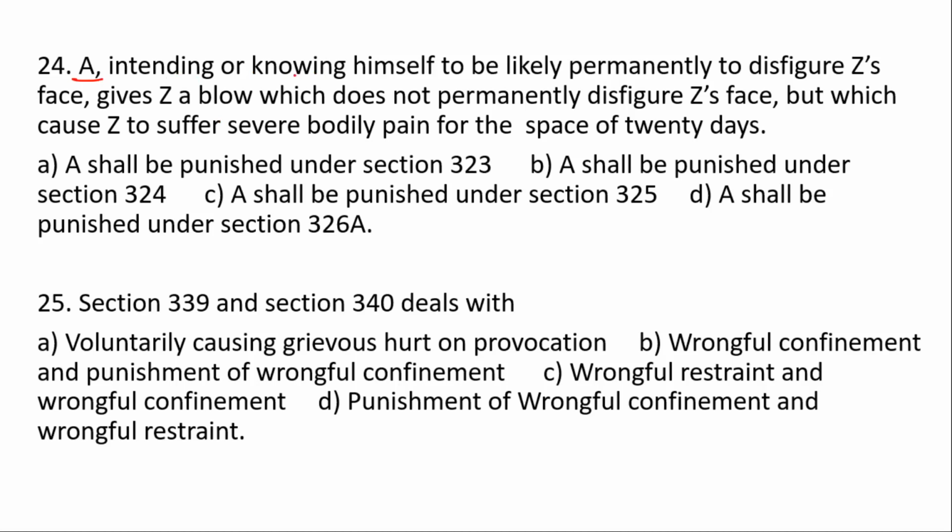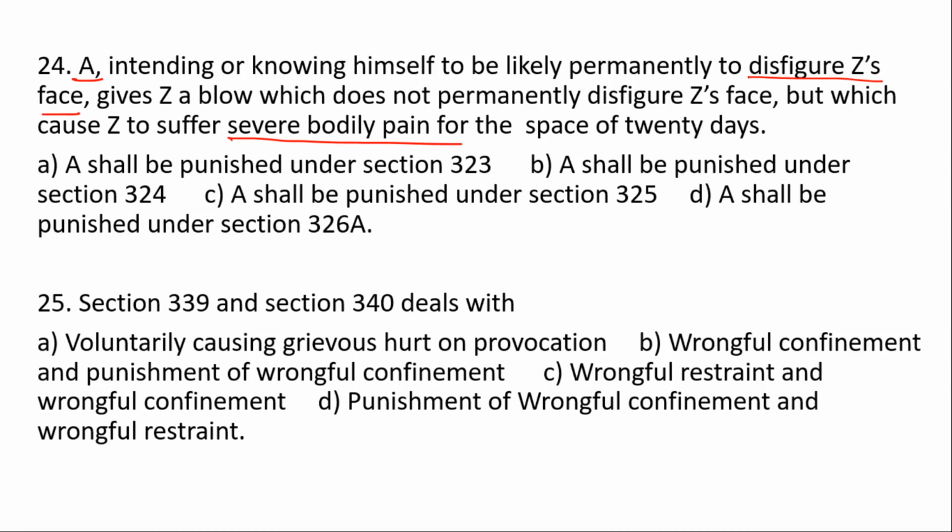24. A, intending or knowing himself to be likely permanently to disfigure Z's face, gives Z a blow which does not permanently disfigure Z's face but which causes Z to suffer severe bodily pain for the space of 20 days.